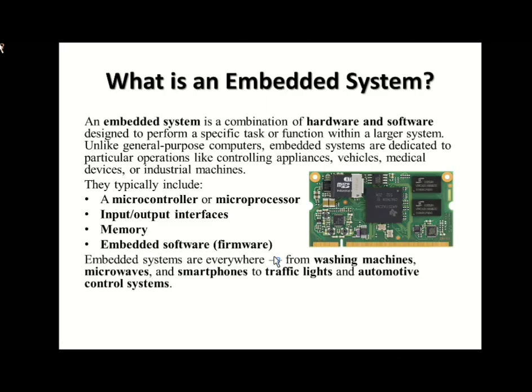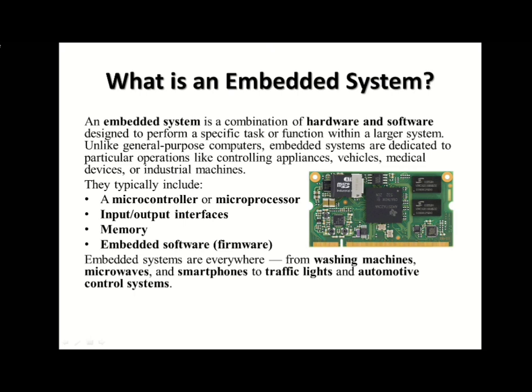Now, what is an embedded system? An embedded system is a combination of hardware and software designed to perform a specific task or function within a larger system. Unlike general-purpose computers, embedded systems are dedicated to particular operations like controlling appliances, vehicles, medical devices, or industrial machines.